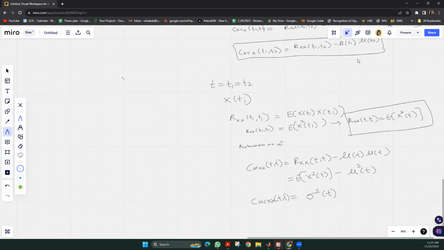So we know from our definitions that once we subtract mu squared from E[X squared], we are able to find the variance. This equation is something we already defined in the last classes to find the variance of a random variable. So here also the same equation is used. The only difference compared to the previous case is that here the random variable is the random variable at time t.